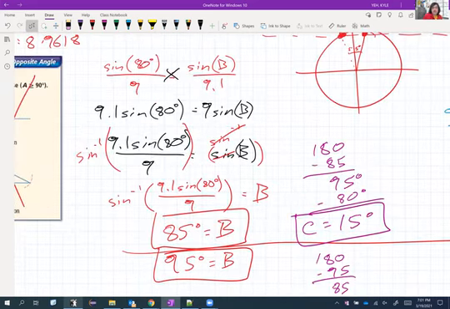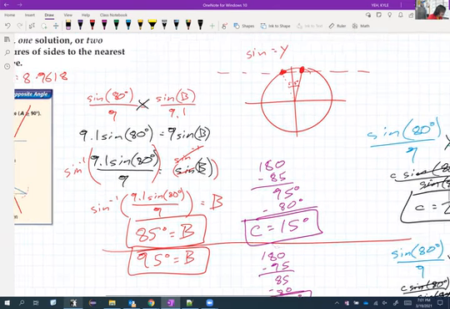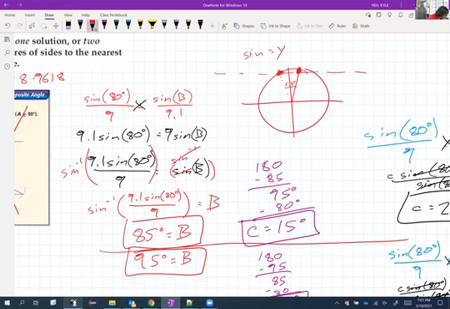We did in red our first law of sines, our normal sine A over A equals sine B over B. But when we got to that last step, when we did this inverse sine to find our first missing angle, our B, we have to recognize, yes, the calculator tells us 85 degrees will get us the sine value, the Y value we need, but it's up to us to say, hey, 5 degrees this way from 90 has that Y value, 5 degrees that way will have that same Y value. And so that's where we get our two cases, 85 degrees or 95 degrees.